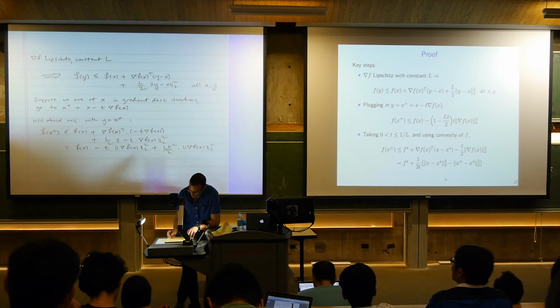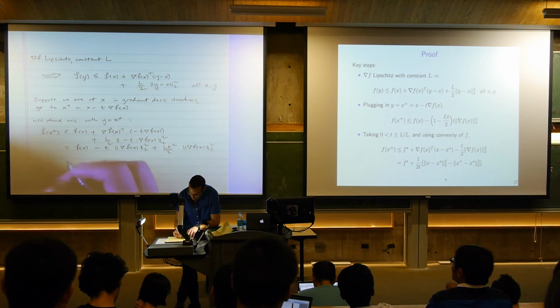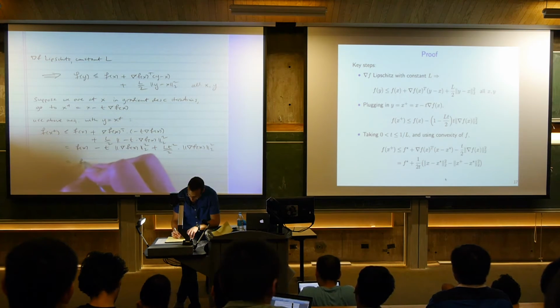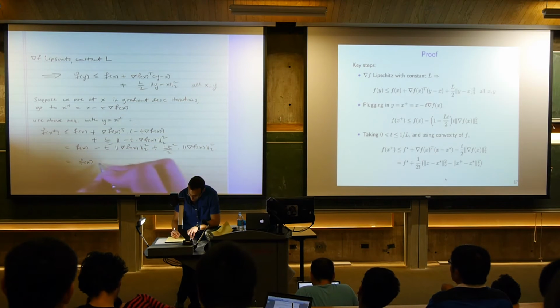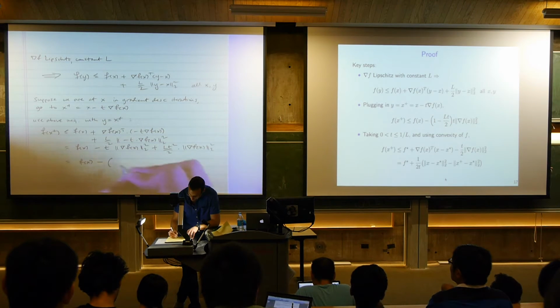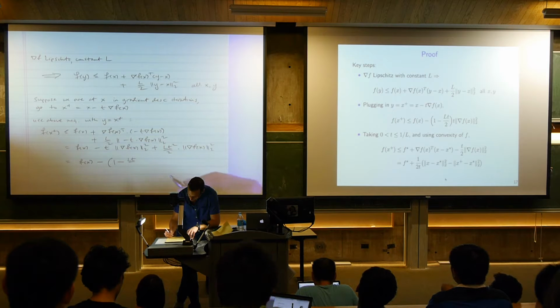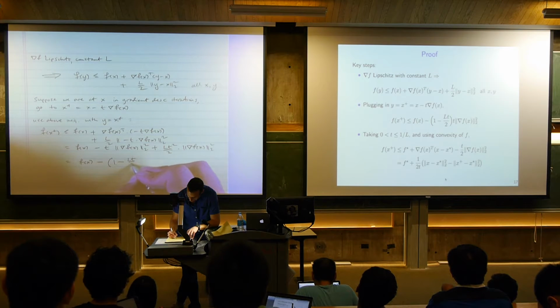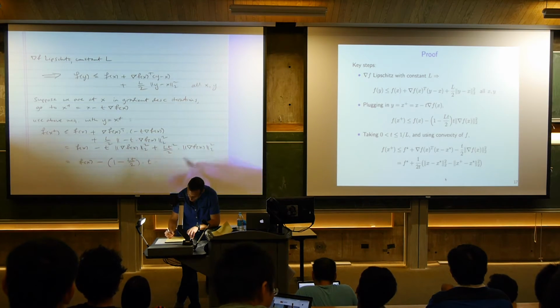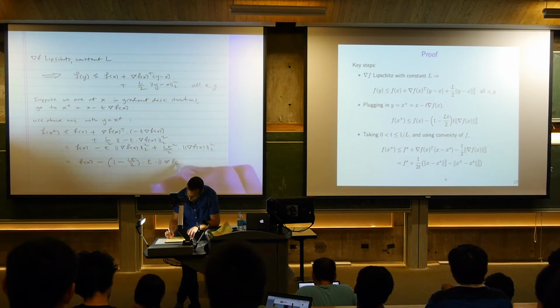These terms both have a norm of the gradient squared, so let's combine them. I can write this as minus, let's say, 1 minus L times t over 2, times t times the norm of the gradient squared.